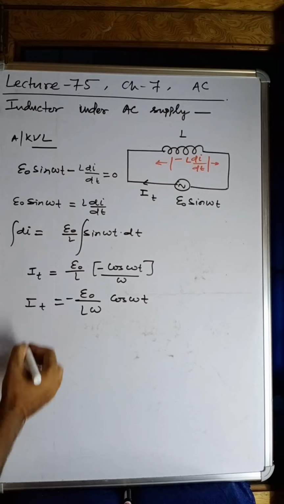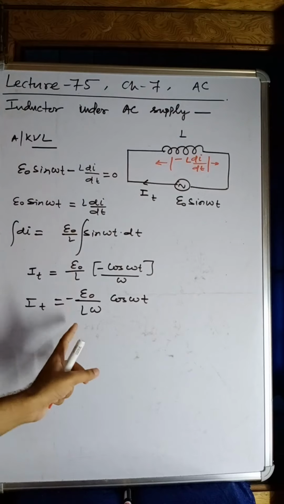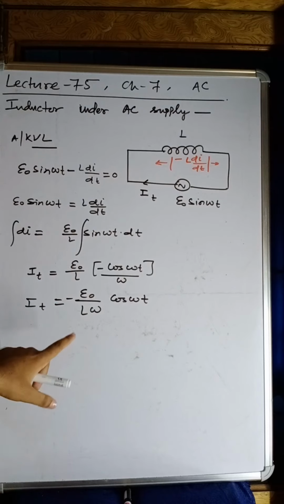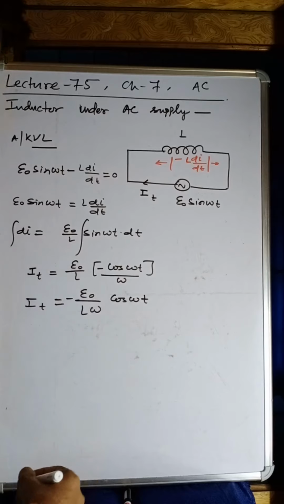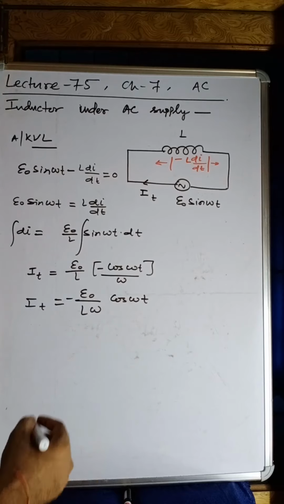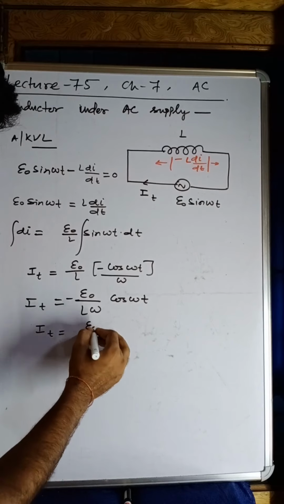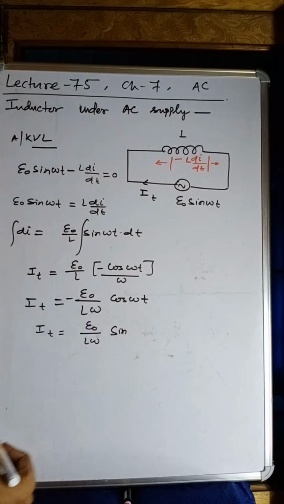This is the instantaneous value. Because this is minus cos omega t, we can write it, my dear students, as E naught by L omega in terms of sine.